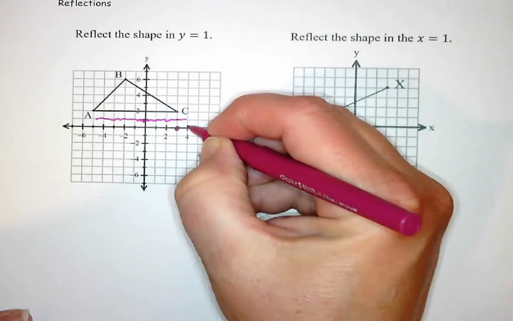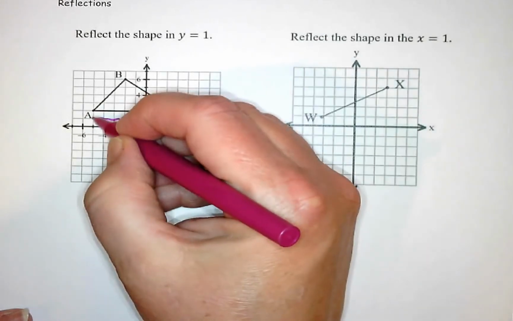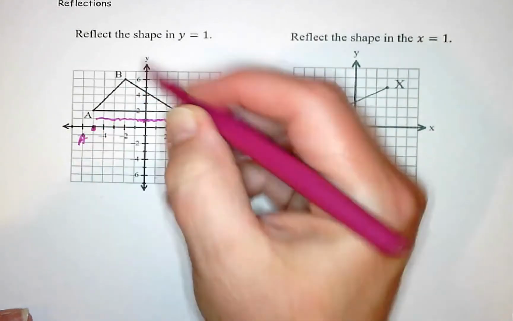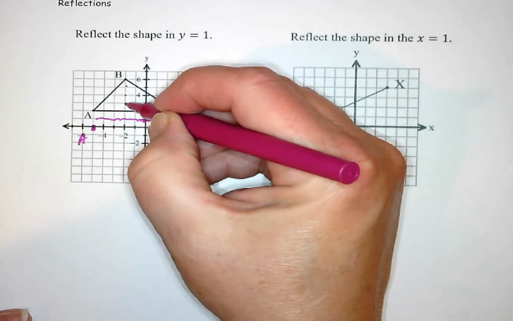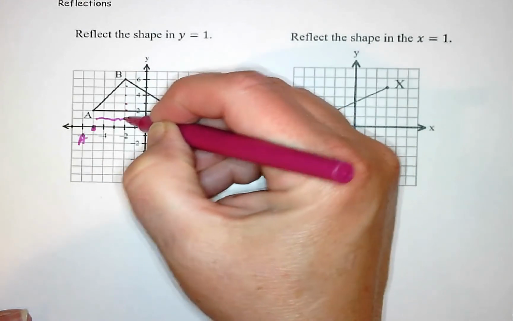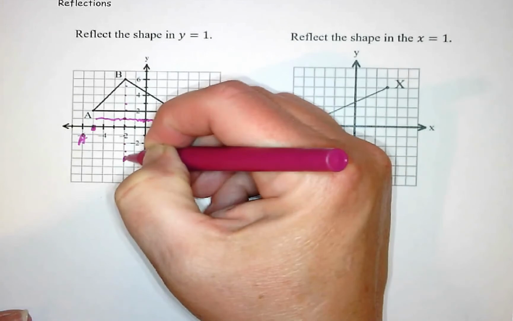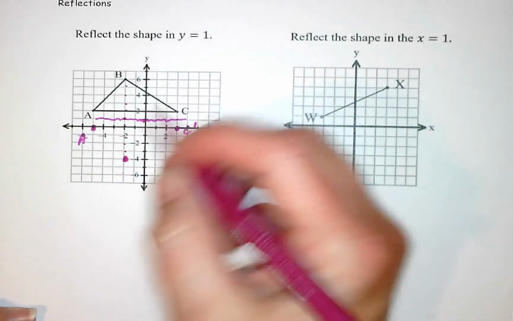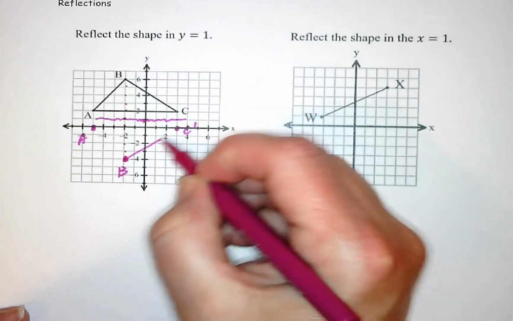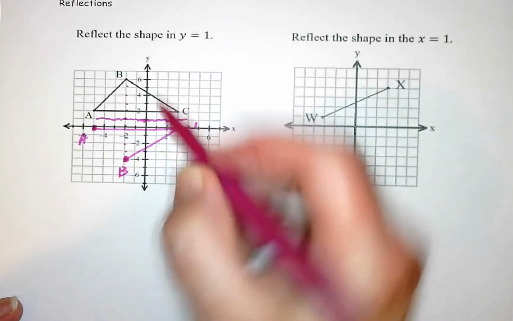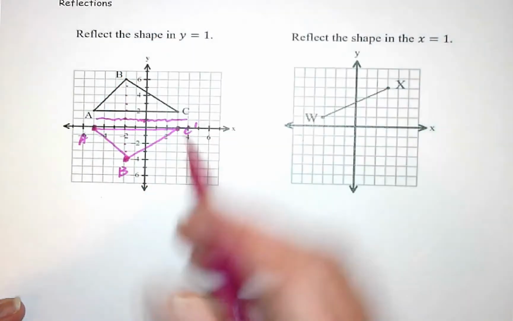There's my new C prime. A is 1, 1. Here's my new A prime. B is 1, 2, 3, 4, 5 to the line. Again, 1, 2, 3, 4, 5 is my new B prime. So you can see it's been flipped over that line that I squiggled in pink here.